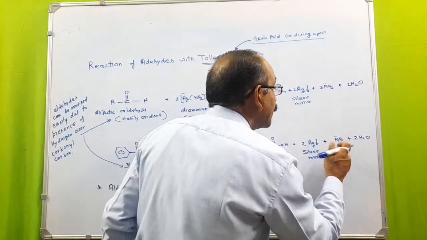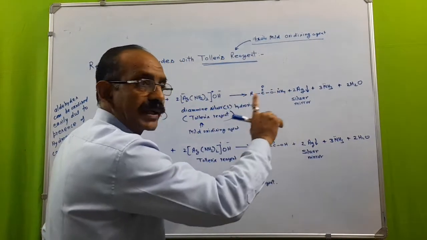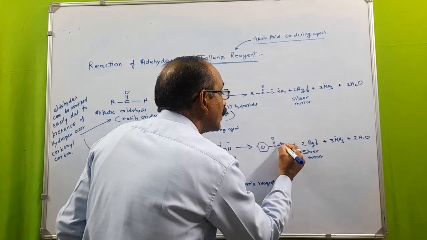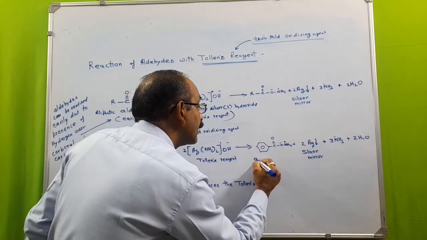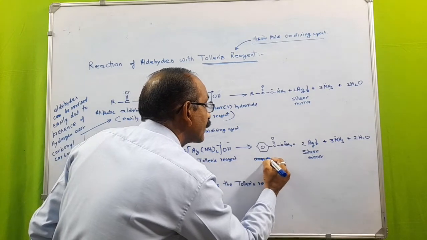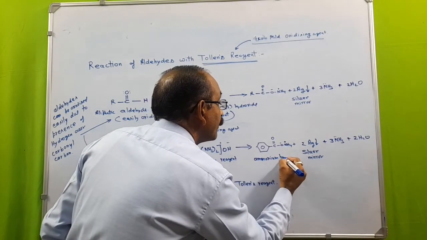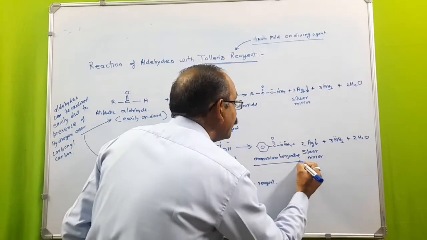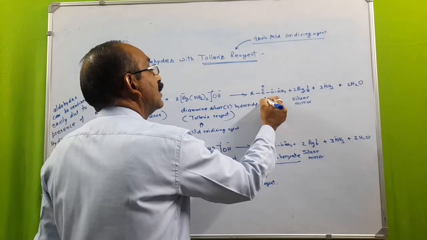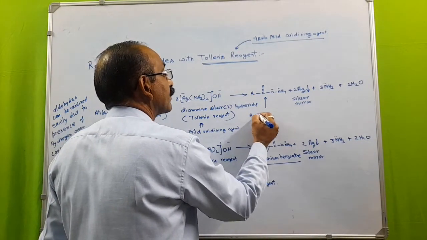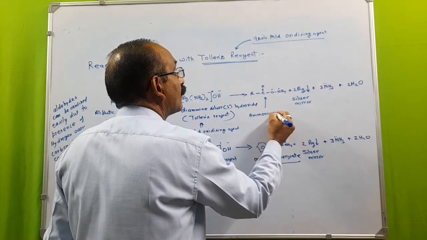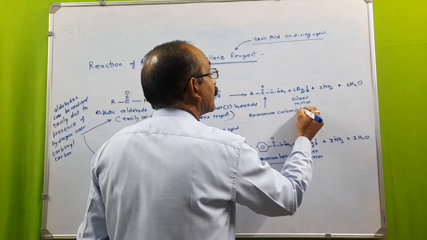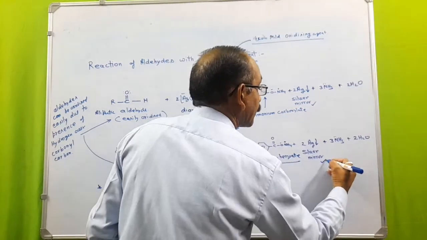So one of the ammonia molecules obtained during the reaction will form the ammonium salt with this acid, and here you will get the ammonium salt of benzoic acid, meaning ammonium benzoate, as in this case, or the ammonium salt of a carboxylic acid, or ammonium carboxylate, along with the silver mirror.